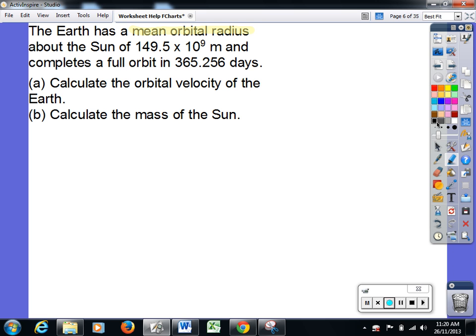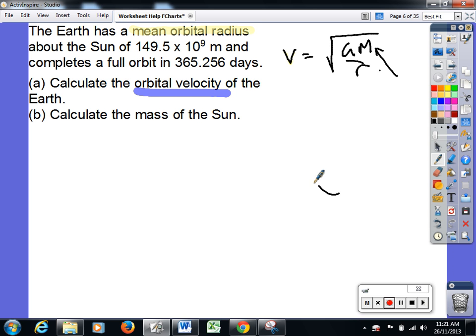So here we're using the same ideas as the previous question, that we need to work out the orbital velocity. Now, if we need to work out the orbital velocity, we could use the orbital velocity formula, which is v equals the square root of GM on r. To do this, we need to know the mass of the central object.